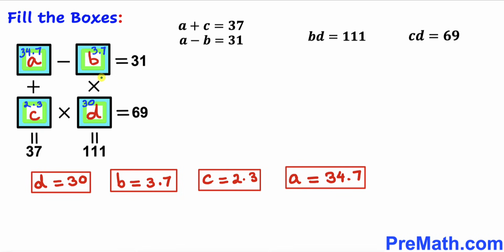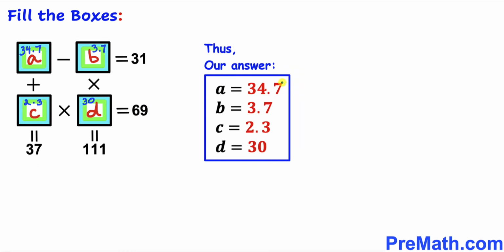We can see all these values are satisfied. 34.7 minus 3.7 indeed equals 31. 34.7 plus 2.3 is indeed 37. 3.7 times 30 is indeed equal to 111. And finally 2.3 times 30 gives us 69, of course. So here are our final values for lowercase a, lowercase b, lowercase c, and lowercase d.